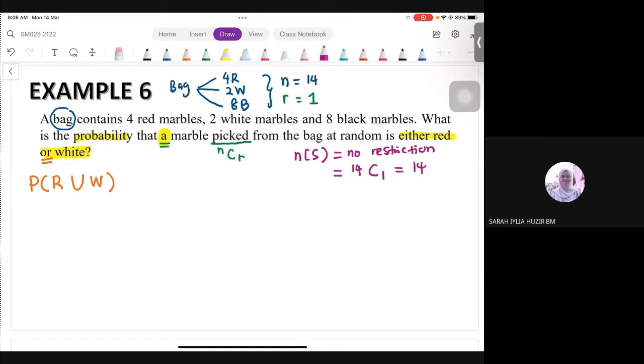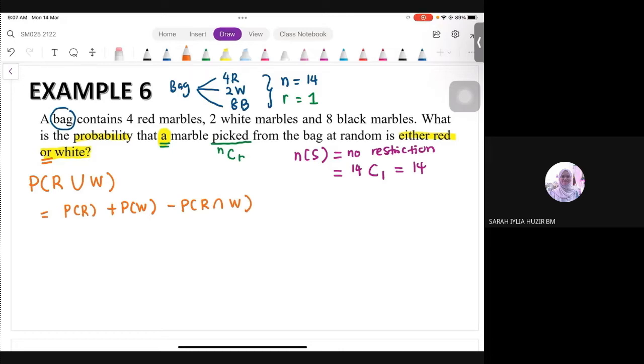Now, kita dah boleh cari probability. So, because it's union, remember, you have to use the basic law of probability. So, P(R union W) is basically P(R) plus P(W) minus P(R intersect W). Itu formula untuk basic law of probability. Ada satu je formula.